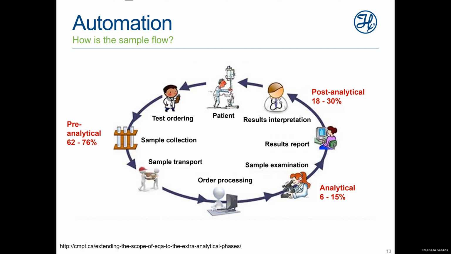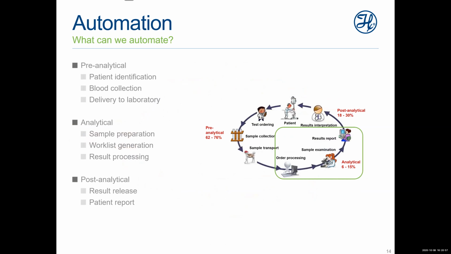You can click next, Gabby, please. Okay, this part in the green box is the part where we can have some influence. And this part is the part most importantly that we can automate when we work with LCMS. So we can automate the analytical part with the sample preparation, the worklist generation, and the result processing, and one of the post-analytical parts, that is the results release.